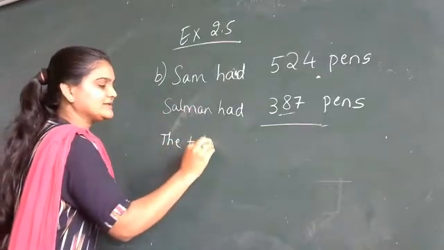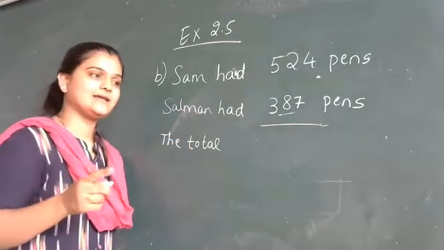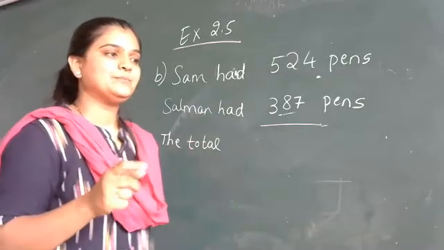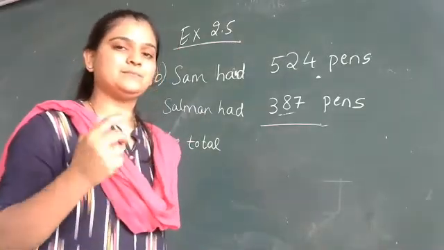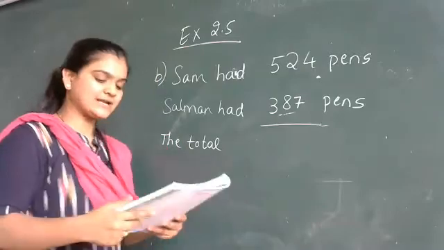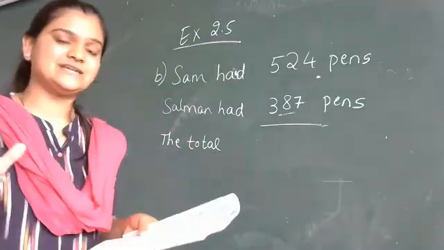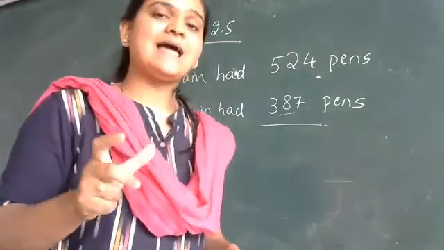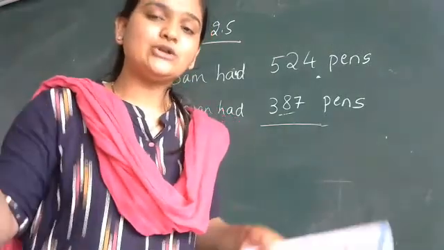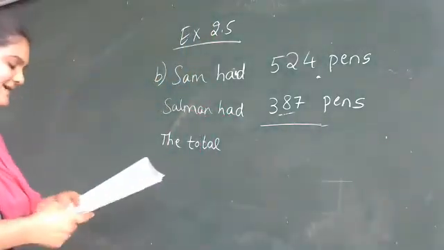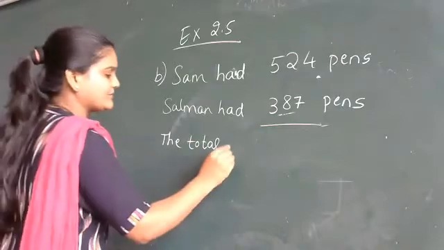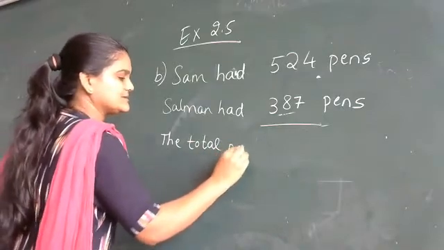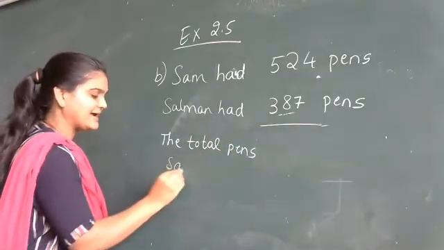The question is not clear there. Please mute everyone. How many pens did Salman have in total? Okay, total how many? How much did he have? The total number Salman had.